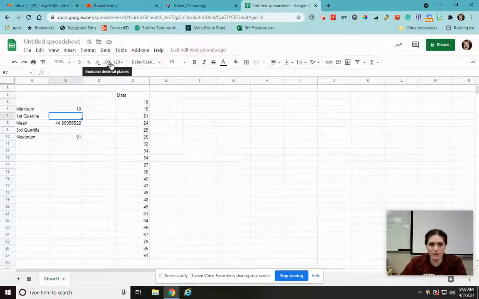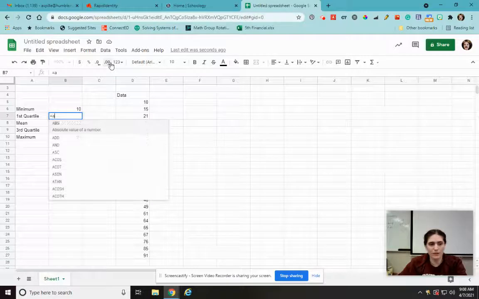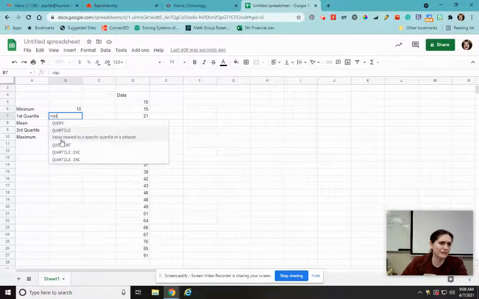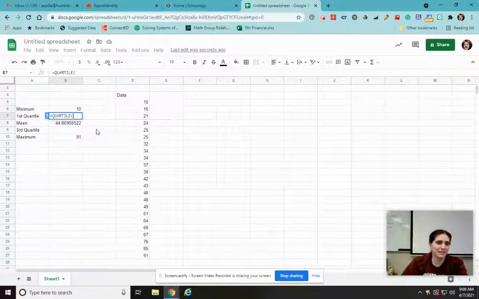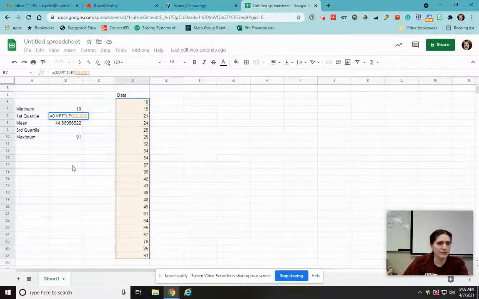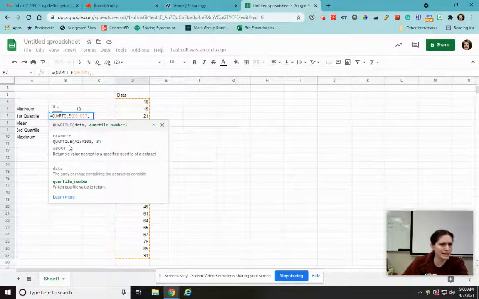So we go equals QUARTILE, open parentheses, and then it's going to tell us what it wants. I'm going to click this because I don't remember. So data, I'm going to highlight my data. And then comma. And then it says, which quartile do you want? In this case, it's the first quarter, so I'm going to put 1.